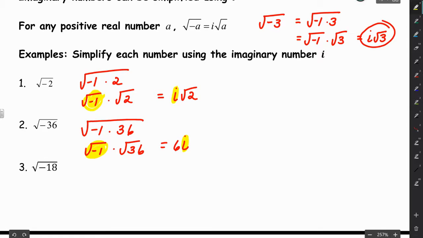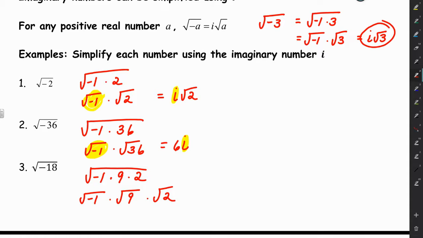All right, next one. We've got the square root of -18. Now I'm going to break apart that 18. I know that 18 has a perfect square factor of 9. So I'm going to write this as 9 times 2 instead. So what do I have then? I have the square root of -1 times the square root of 9 times the square root of 2.